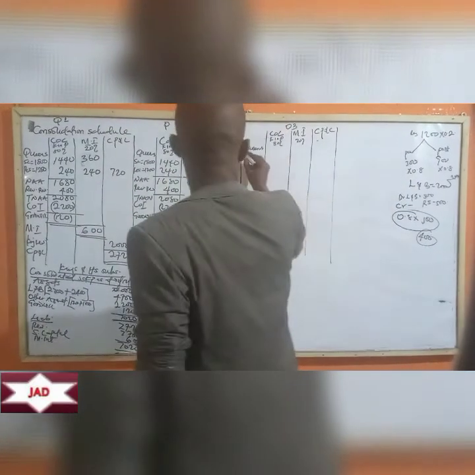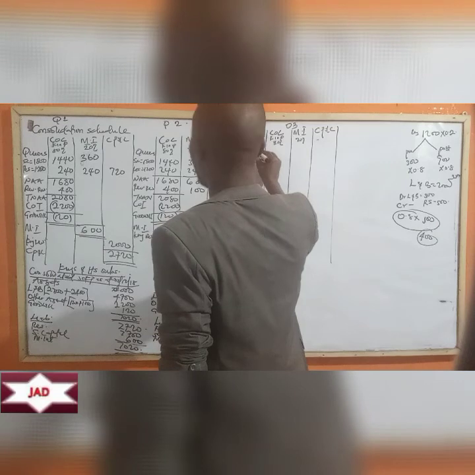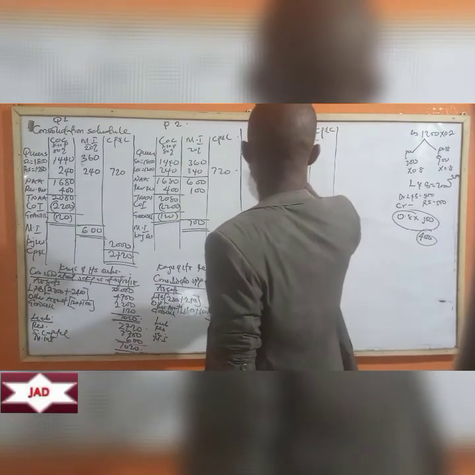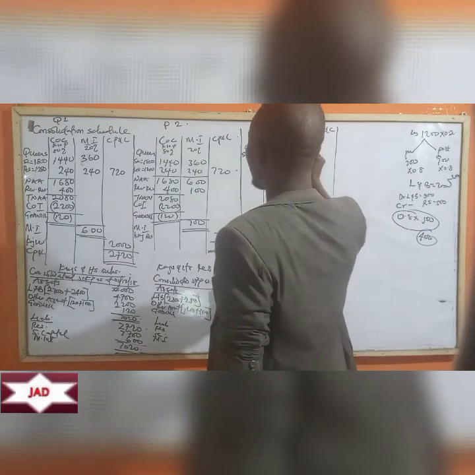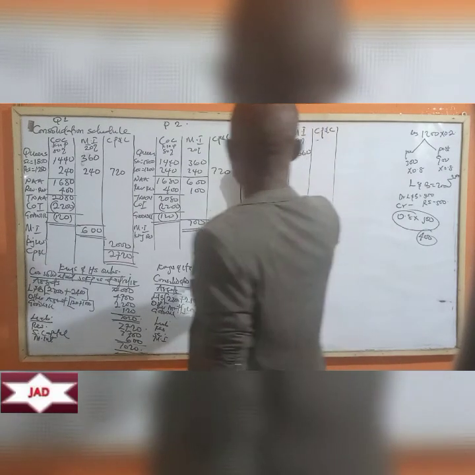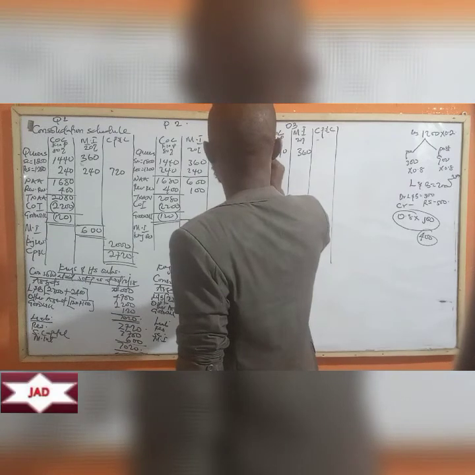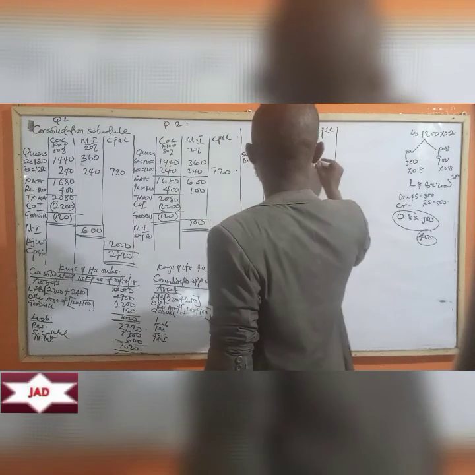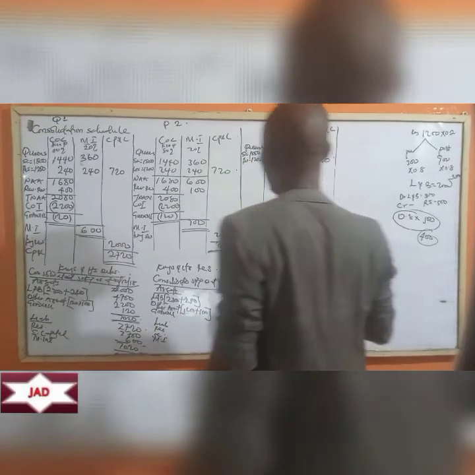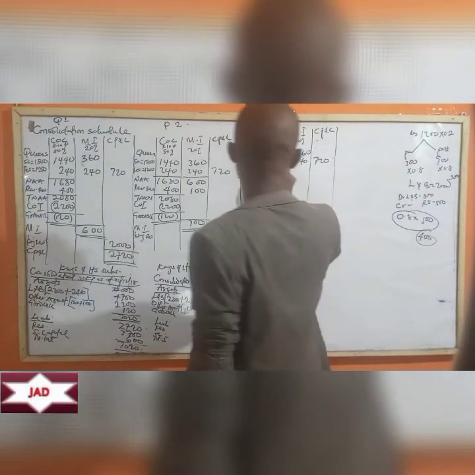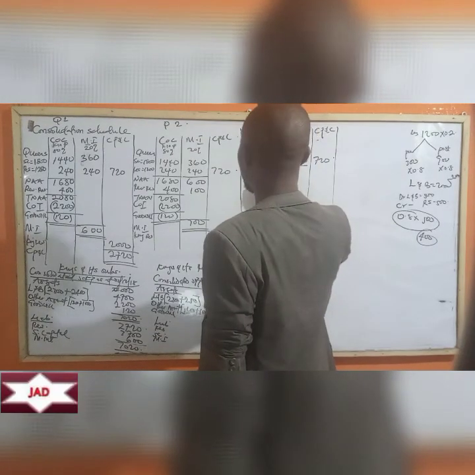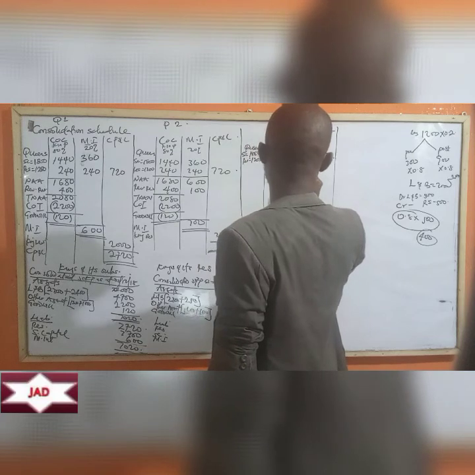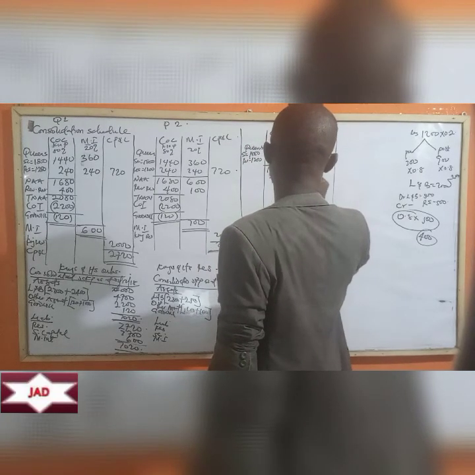It's the same thing. Share capital is still 1,800. Of course, this will be 1,440 rather. This will be 360. Reserve is still 1,200. This will be 240, 720. So that means here you still have 1,680. This is still 600.